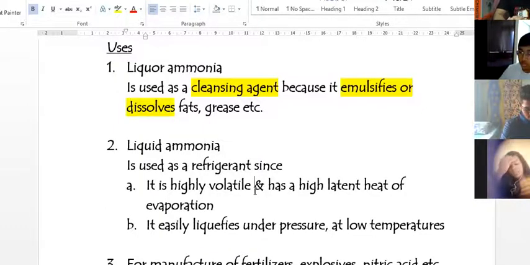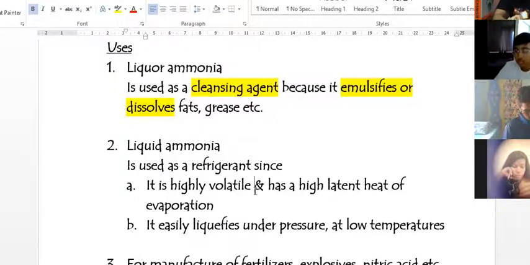In this part, they will again ask you the reason why liquid ammonia is used as a refrigerant. There are points you will mention when this question comes in the exam. It is highly volatile. You have studied what volatility is: the liquid can get into its gaseous state very easily. It has high latent heat of evaporation.